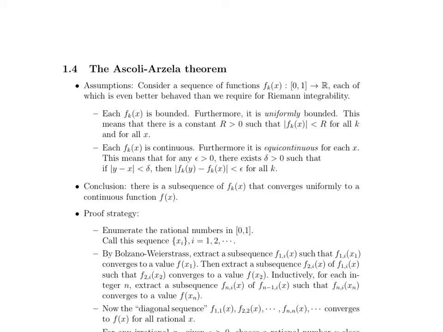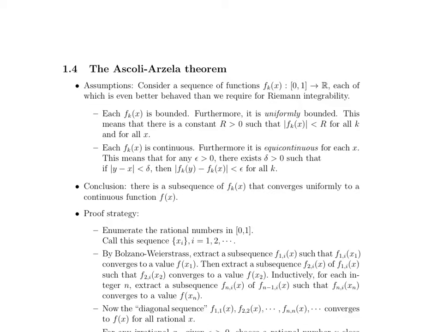And our conclusion, given that we have a sequence of functions that's uniformly bounded and equicontinuous, is that there's a subsequence of these functions that converges uniformly to a continuous function in its limit.